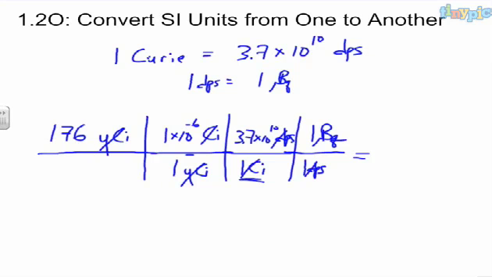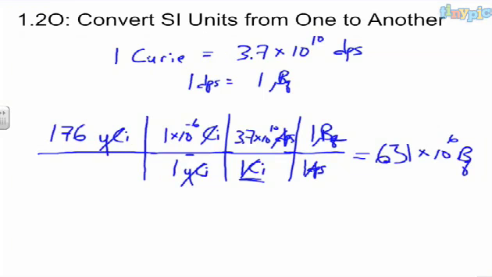We can see in the bottom we're all dividing by 1, so we don't really have to worry about the bottom. So we take 176, multiply by 1. Remember the EXP button, we want to be continuing to use that, times 3.7 EE to the 10th, and it turns out to be 6.51 times 10 to the 6 becquerels.